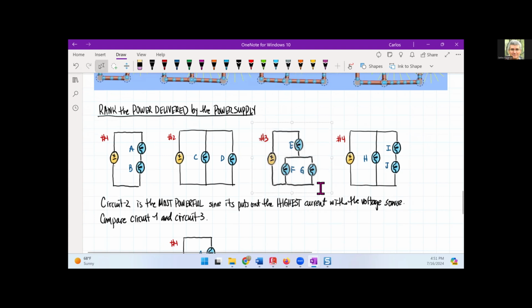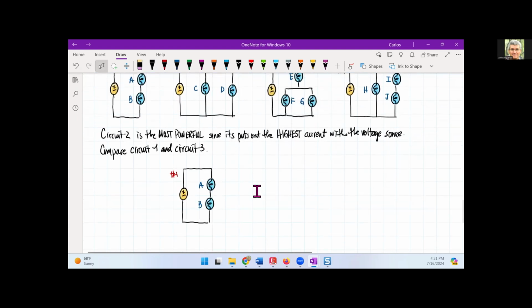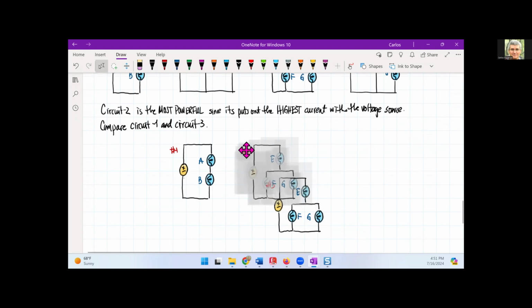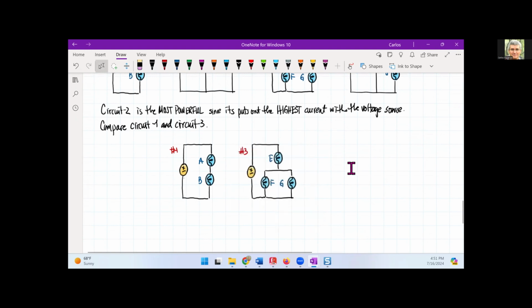We want to compare these, and we want to do the same thing that we did before. The power supply is going to have the same voltage, so we're going to look at the current. We've already had this discussion, but note the resistance in one is higher than the resistance of three. The way we compare this is that A and E are comparable, so that's not the issue. The comparison has to be between resistor B and resistors F and G.